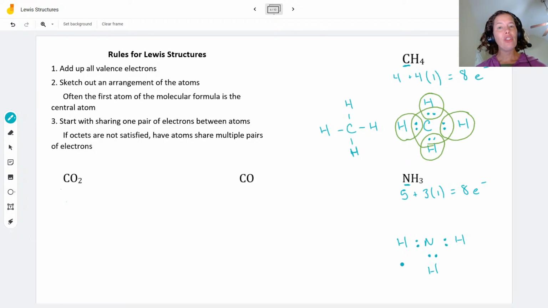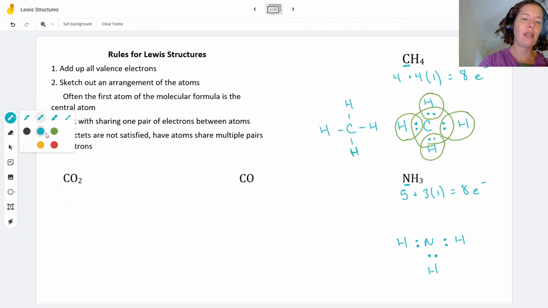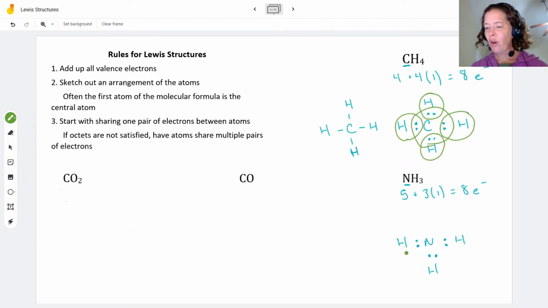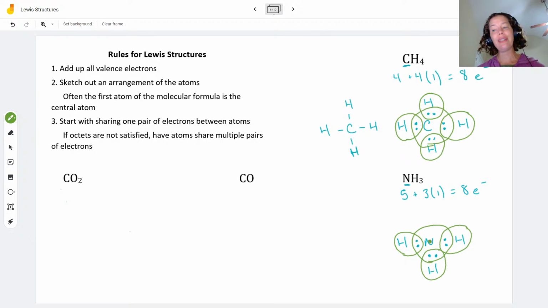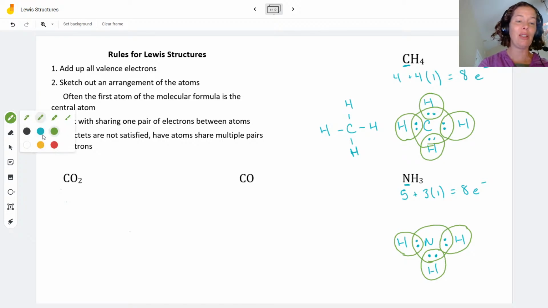Let's first check octets. All right. So this hydrogen has 2 electrons. We know that's fine. This hydrogen also has 2 electrons, so octets are satisfied with all 3 of our hydrogens. But if we look at nitrogen here, you can see you only have 2, 4, 6 electrons. But the good news is we have another pair of electrons that we can use.